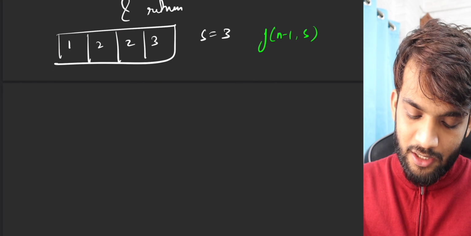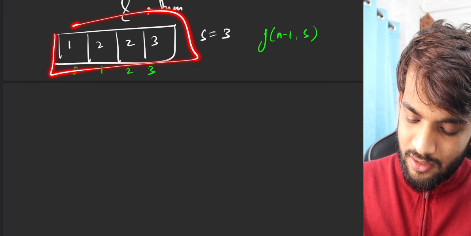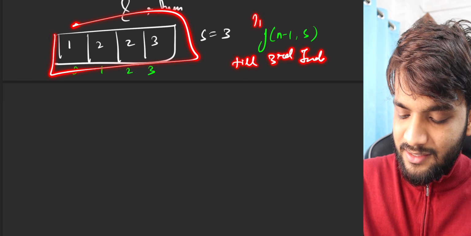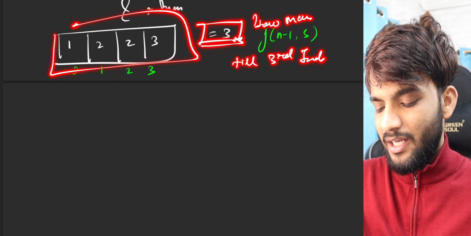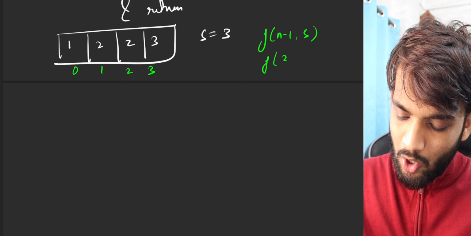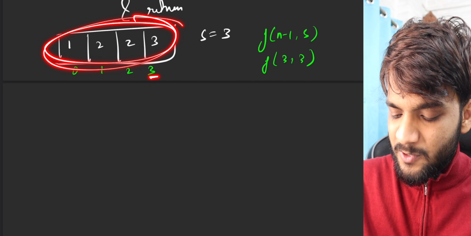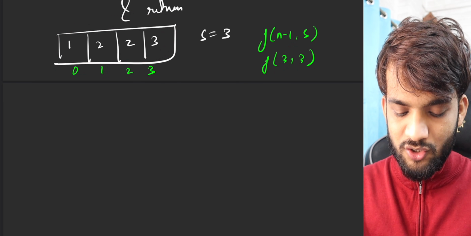I repeat, if I write 0 1 2 3, till the third index, how many subsets will give you the sum equal to 3? That is the meaning of f of n minus 1, 3. So if someone is calling f of 3 comma 3, that means till the third index, how many subsequences are there that give you sum equal to 3? That is the meaning of the recurrence, right?